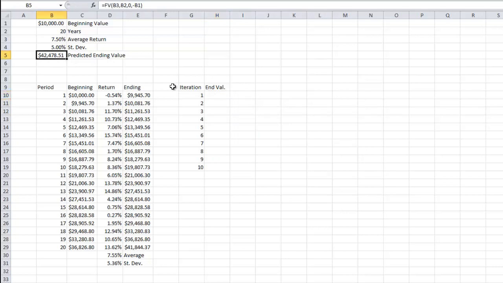Up here, I'm going to link my ending value down here to the table. And then I'm going to leverage this simulation value formula. I'm going to click on that output, and I'm going to lock it in. And then the next thing you have to do is tell it which iteration you are talking about. So for this row, I want to see what the first iteration gives me, and then we'll drag it down and we'll be able to see what all 10 iterations show us. So I'm just going to drag that down.